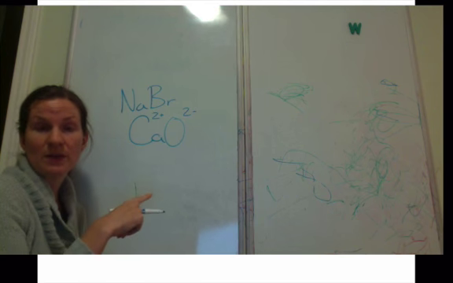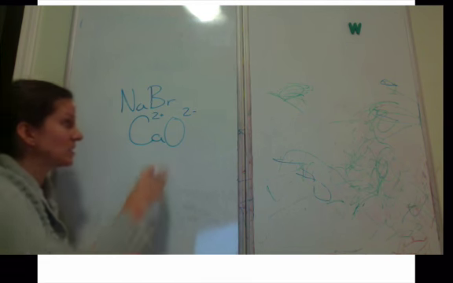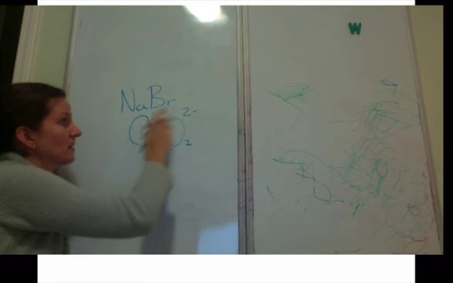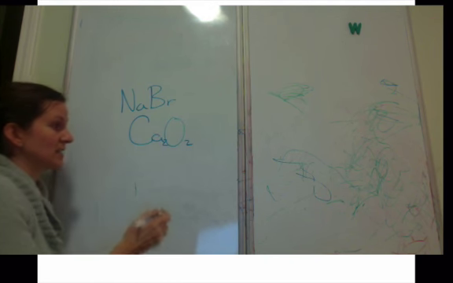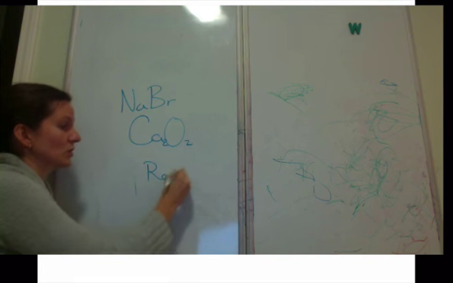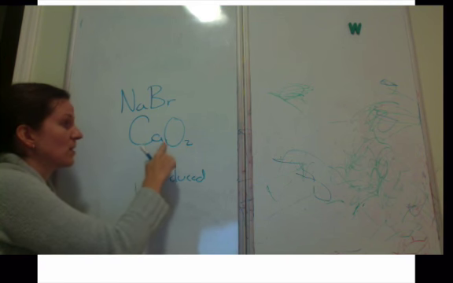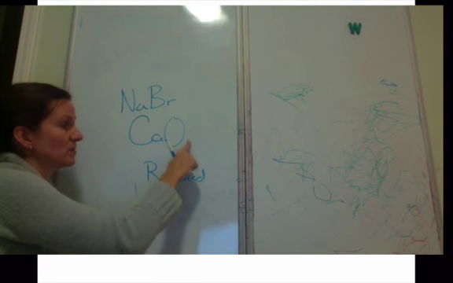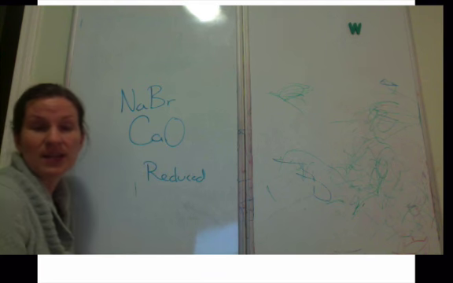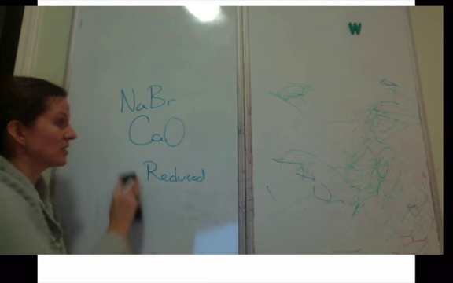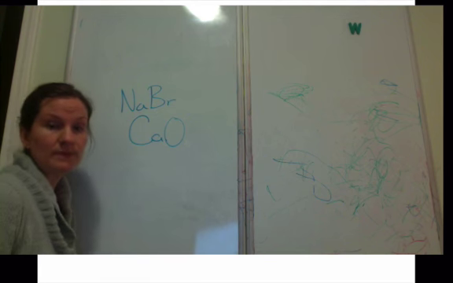Here's where your crisscross method could fail you, because if you were like, charge here, put it here, charge here, put it here, a formula unit always has to contain the most reduced ratio. This is not the most reduced ratio. 2 to 2 is the same as 1 to 1, but 1 to 1 is the most reduced ratio, and that's the right answer for the formula unit for calcium oxide. So be aware if you use crisscross, you have to be intelligent still.